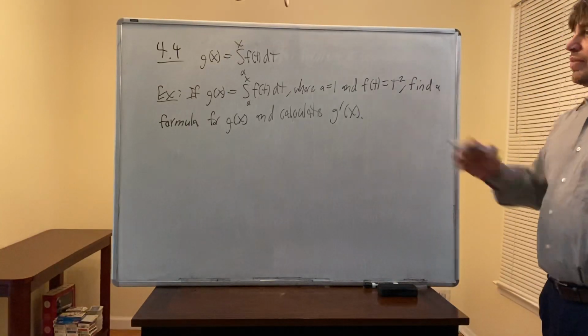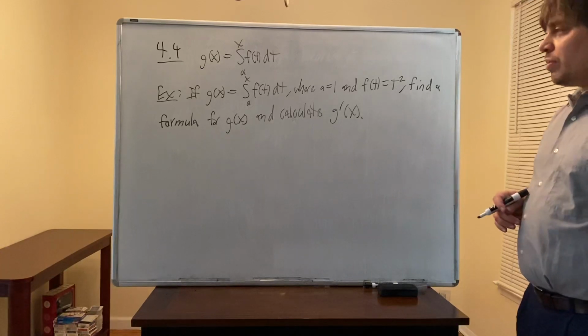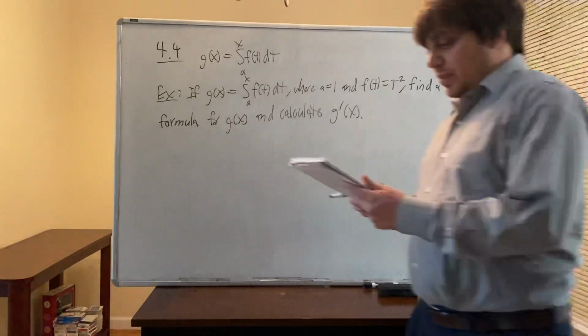Okay, so g of x is that definite integral where a is 1, f of t equals t squared. Find a formula for g of x and calculate g prime of x.